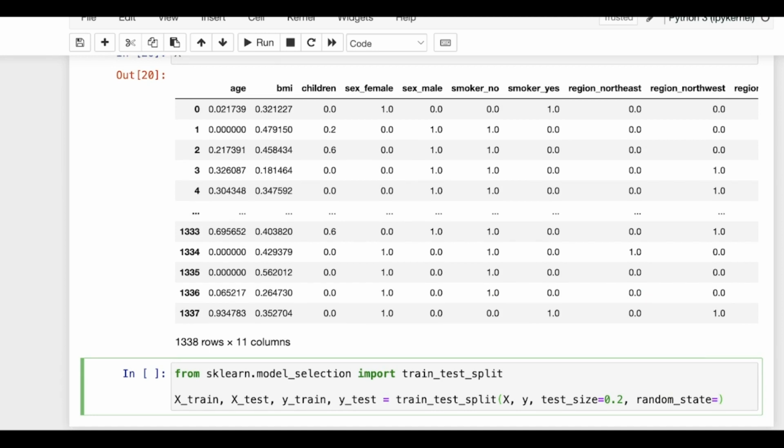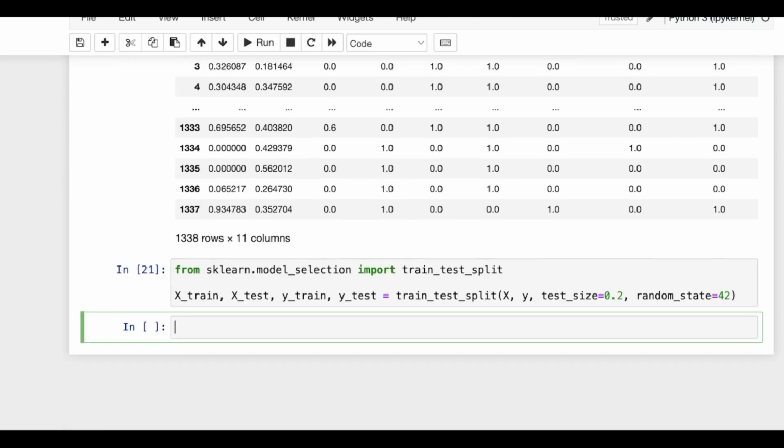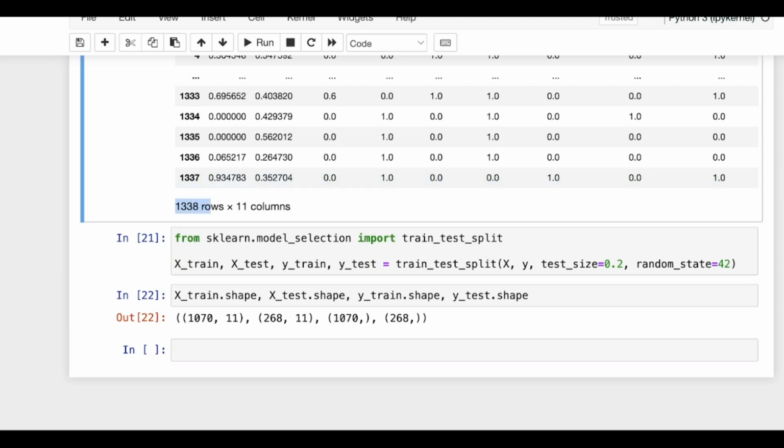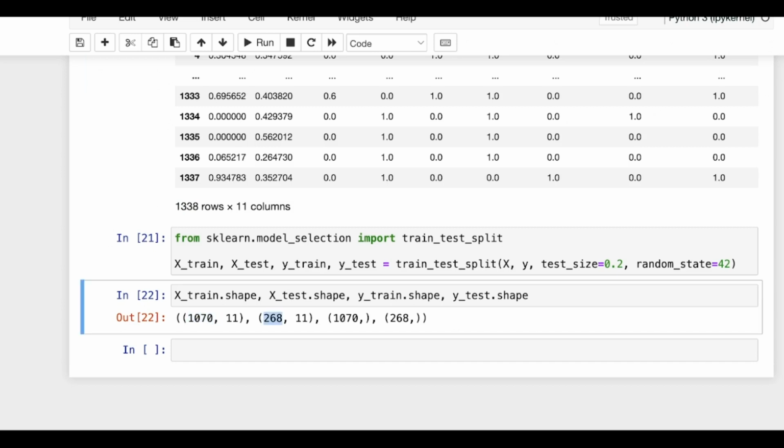And random state is 42, which means we will get the same data for every iteration. Let's check the shape of that. As you can see, in total we had 1338 rows, out of which 1070 are in the training set and 268 are in the testing set.